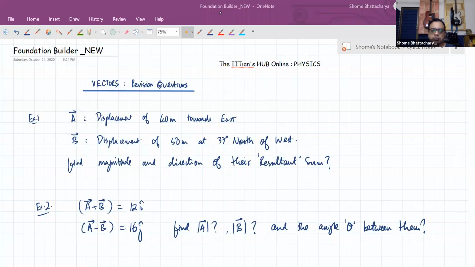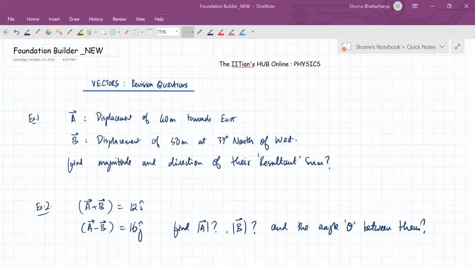And today's lecture, mostly we will be doing some revision questions so that you're better prepared for the test. So this is the same type of questions and the same level of questions which will be coming tomorrow. So you should be able to solve these two questions within a couple of minutes. Please send me the answers as and when you are getting them.